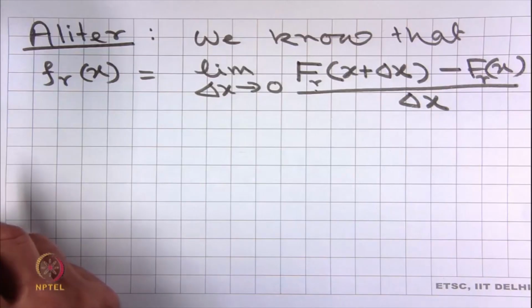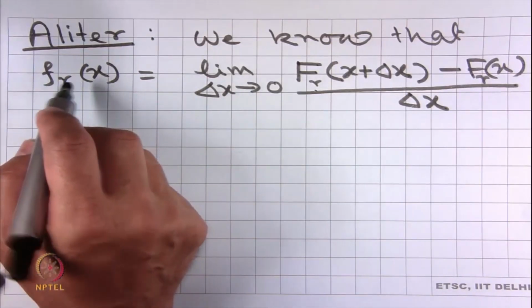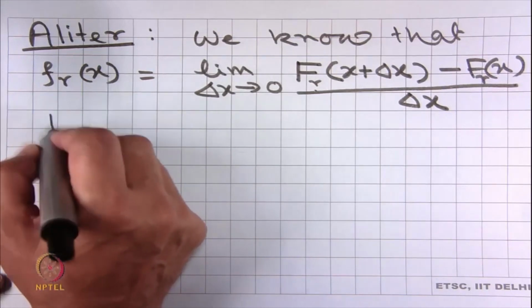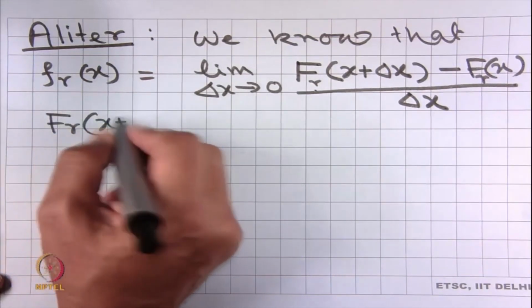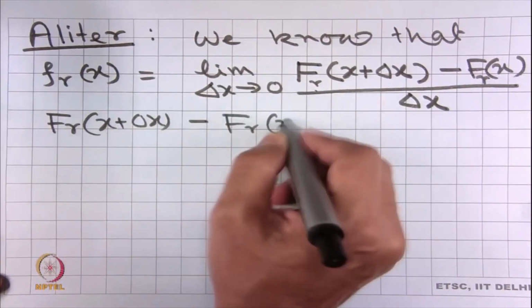That comes from the definition of differentiation. Now, what is F_r(x plus delta x) minus F_r(x)?